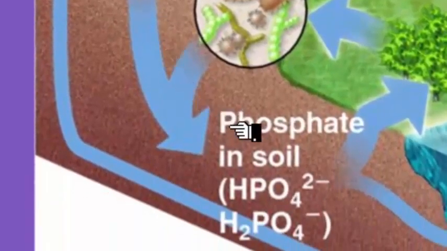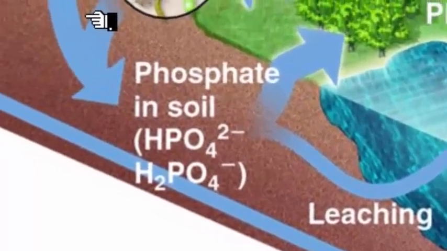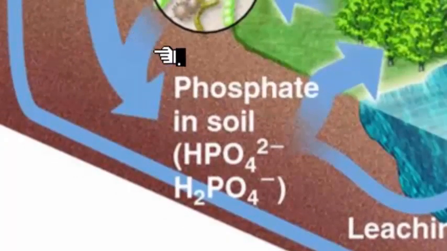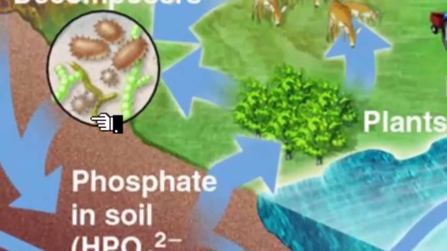It ends up in the ground. It can be transferred by water to deeper water or stay in the soil. And when it's in the soil, the plants take up those phosphate ions from the soil. We have a plant taking the phosphates from the ground, and it's all on plants onwards.